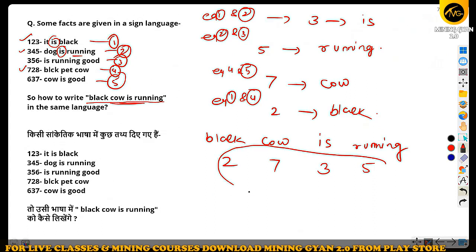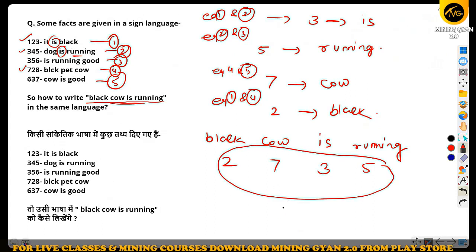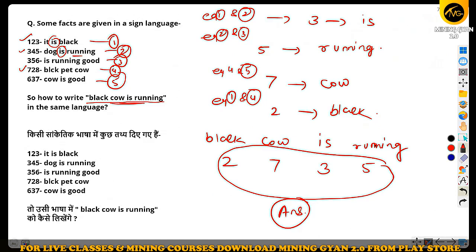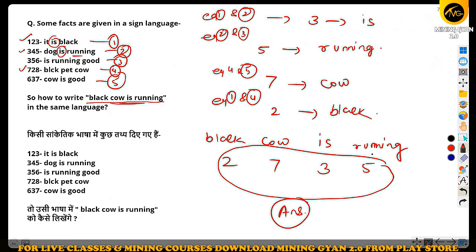So our answer will be 2735, which is the coded language for the black cow is running. Any doubt?